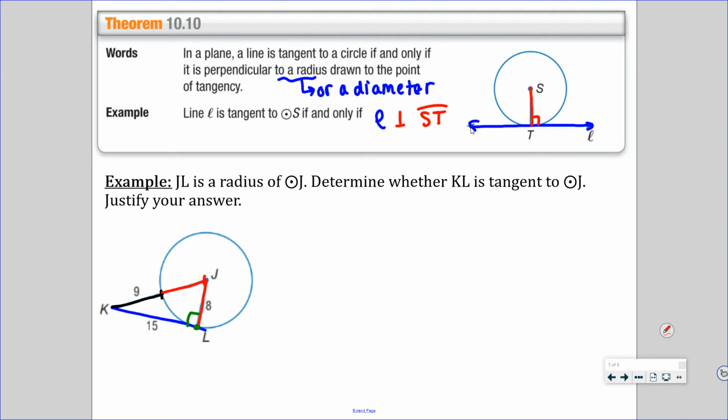What would this length be? 8. How'd you know that? Radius. It's a radius length. Agreed? 8. And then we can see we have this right triangle formed here. And this whole hypotenuse, if this is indeed a tangent, is 17.